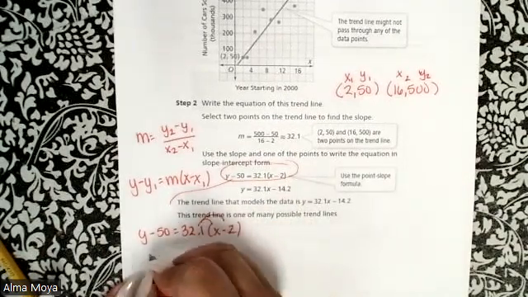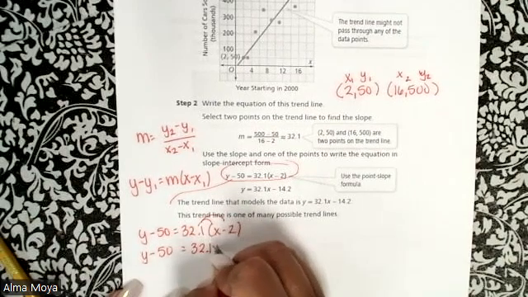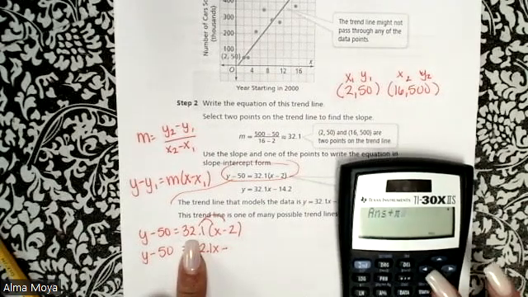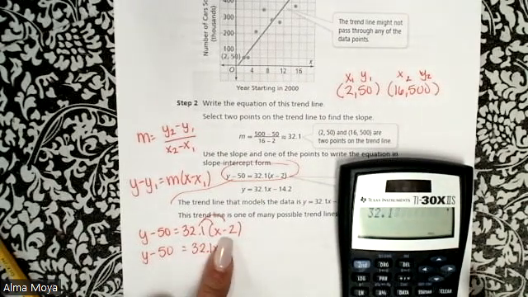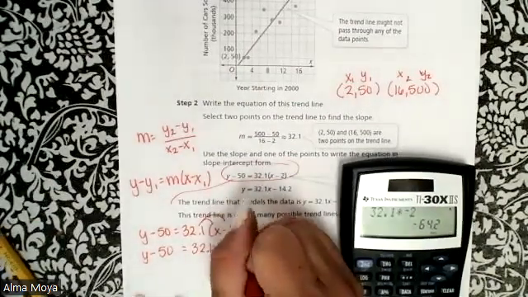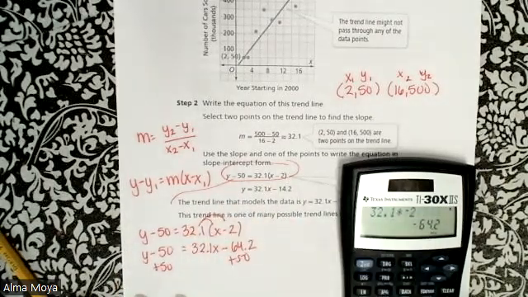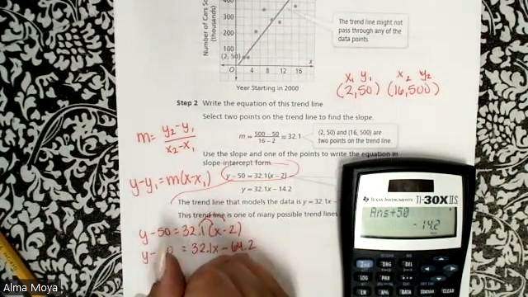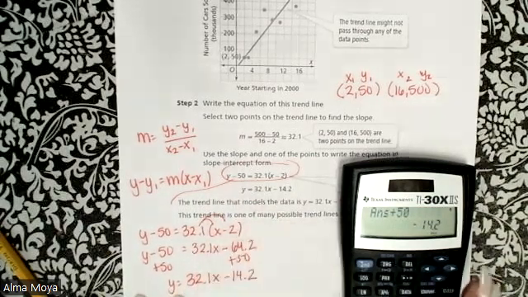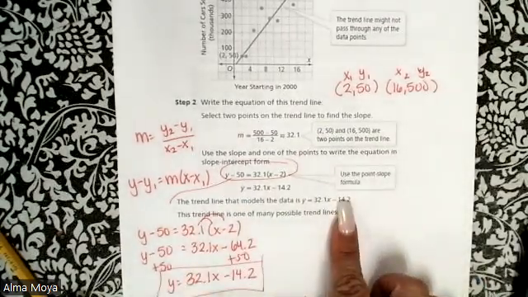Distributing, this is y minus 50 equals 32.1x minus, let me see, 32.1 times negative 2, that gives me a negative 64.2. If I add 50 to both sides, y is equal to 32.1x minus 14.2. And that is the trend line here.